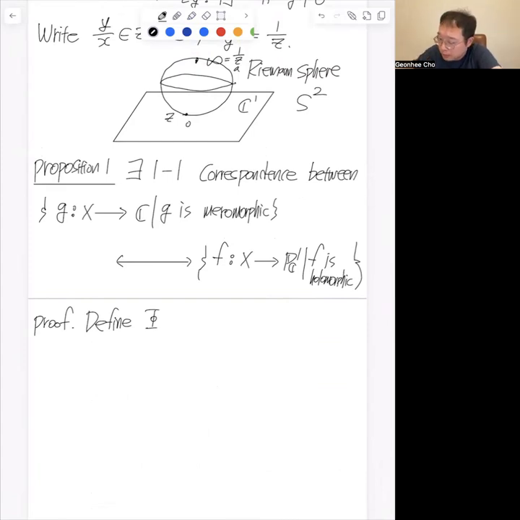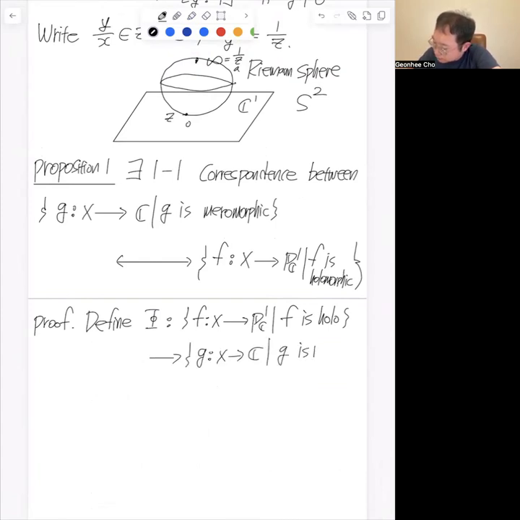So now we have a map, and let me start from the holomorphic function from X to CP1. That is, f is holomorphic, that maps to meromorphic. So we just need to establish such a map in the following way, as follows.